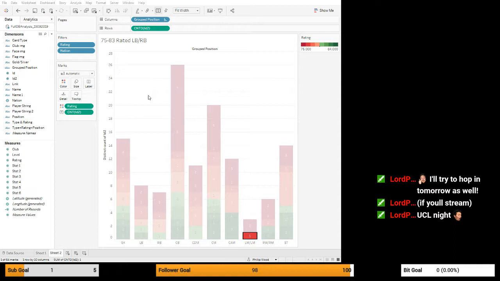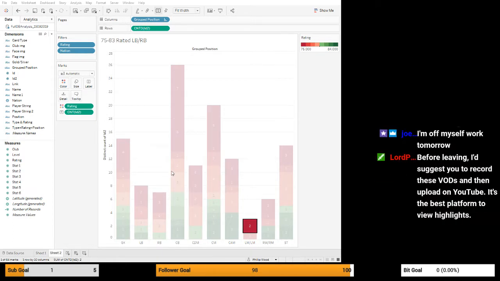UCL night. Who's that then? Who are they playing? Oh yeah, I was thinking to do that.